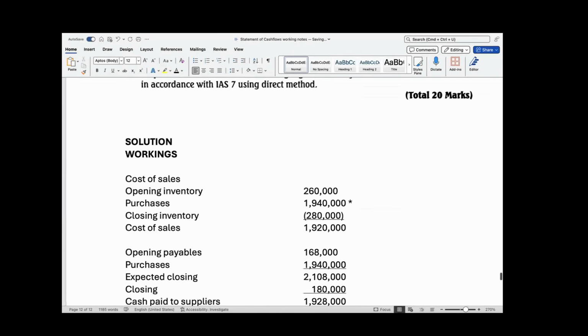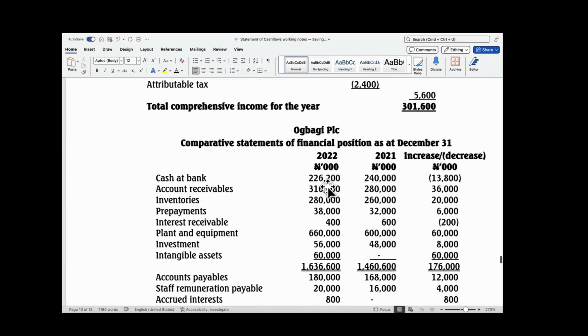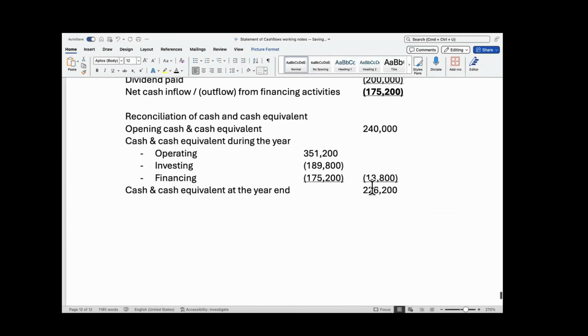Which should be the same thing as this. This one we have in this statement for the year. So everything jived for us.